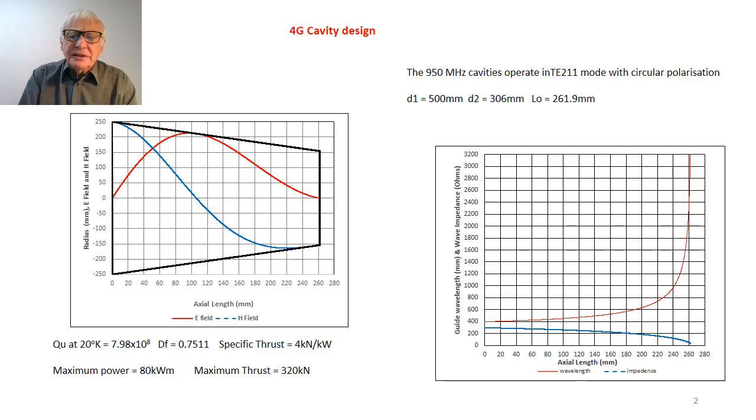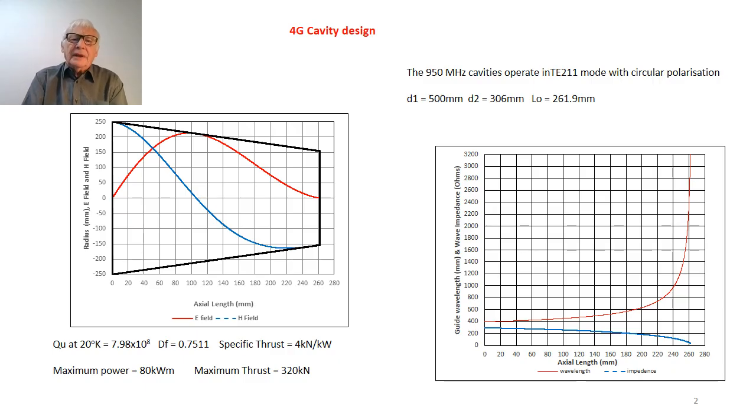The cavity design for this particular engine is a 950 megahertz resonant cavity operating in TE211 mode with circular polarization. It results in quite a short but large diameter cavity.